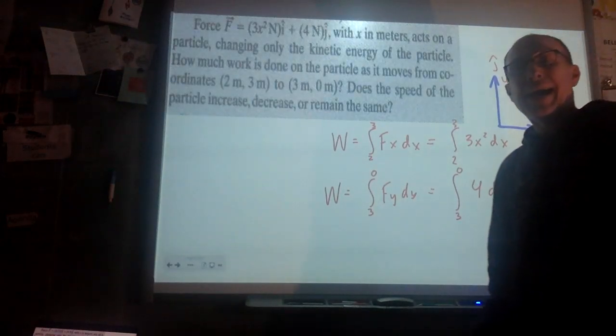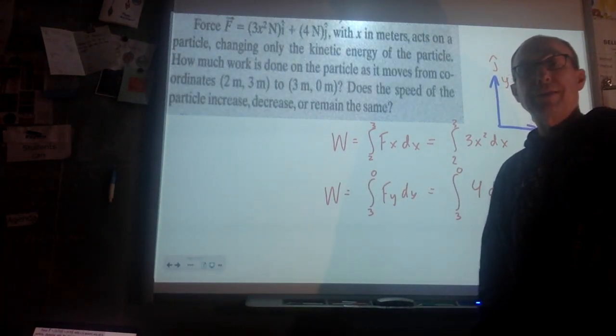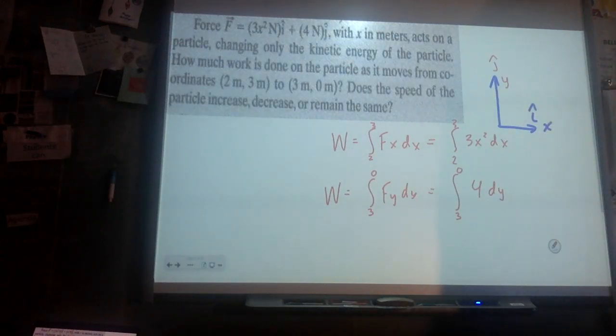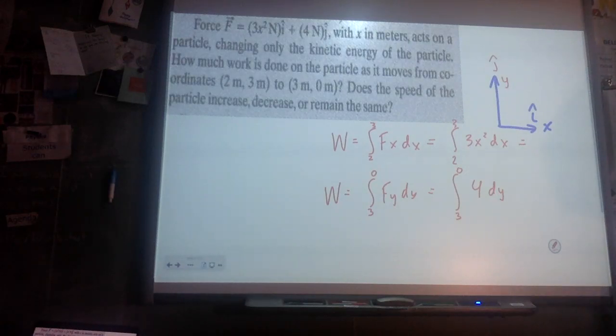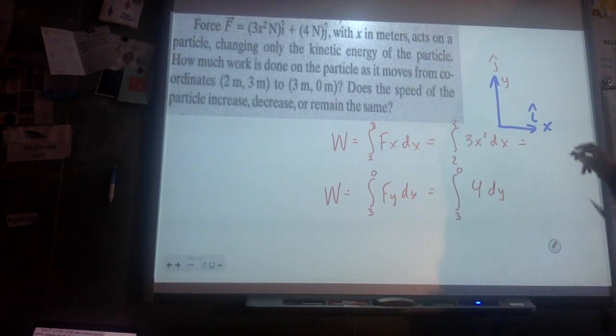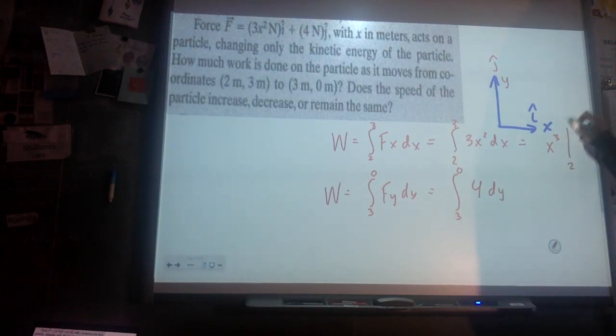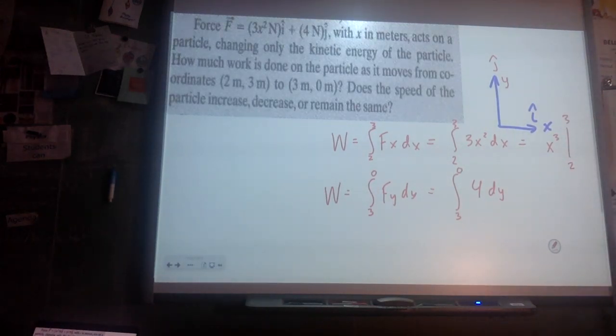So we can leave that out if you want to, or leave it inside the integral. It doesn't matter. So if we do the integral of this, it's going to be x cubed from 2 to 3 and 4y from 3 to 0.